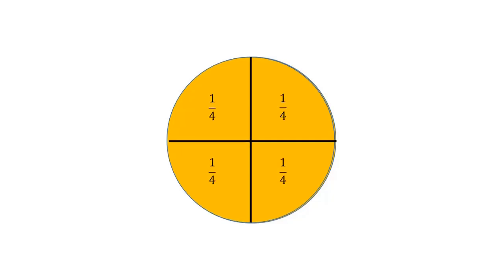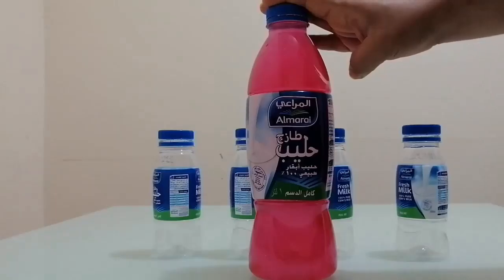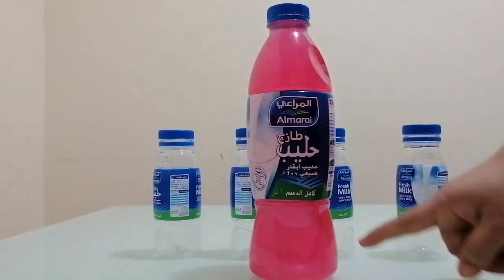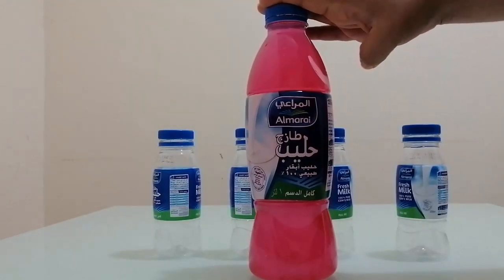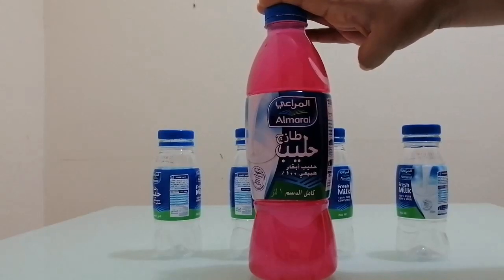We already know when we take a circle and divide it into 4 parts, each part is called a quarter or 1/4. So I am going to divide this 1000 ml into 4 parts. So each part will be called 1/4.